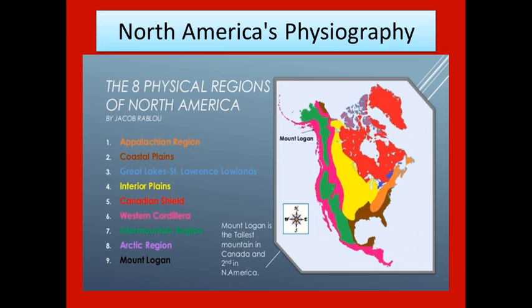Mount Logan is in black color. So Mount Logan is the tallest mountain in Canada and second in North America. Can you see in the map? It is located there and an arrow is shown. That is Mount Logan.